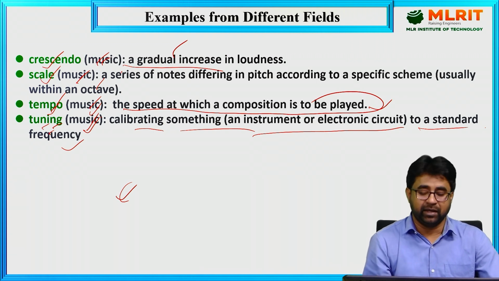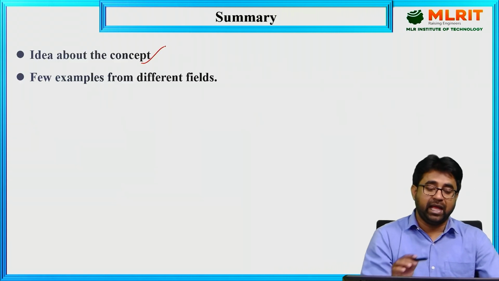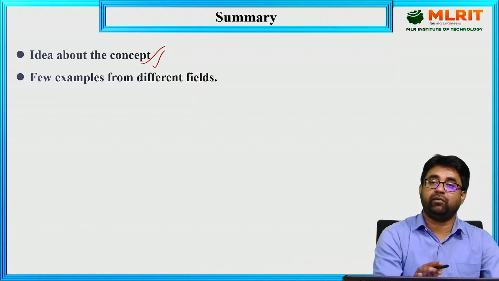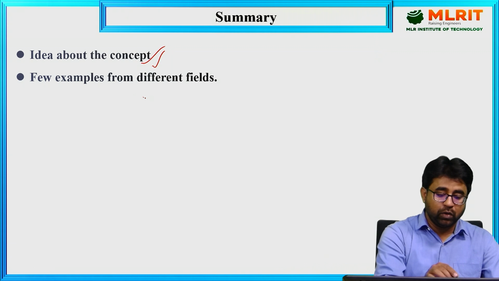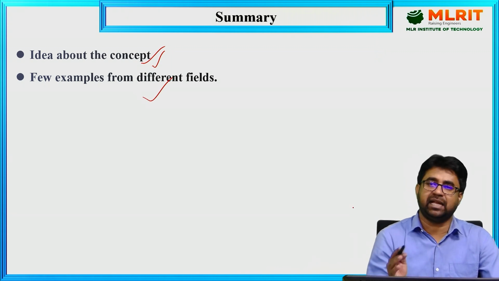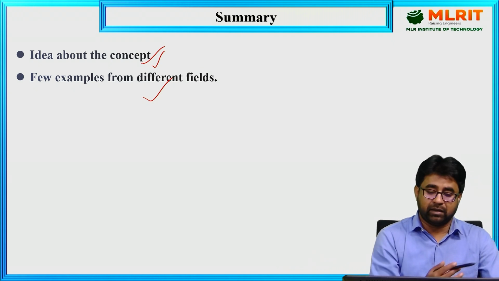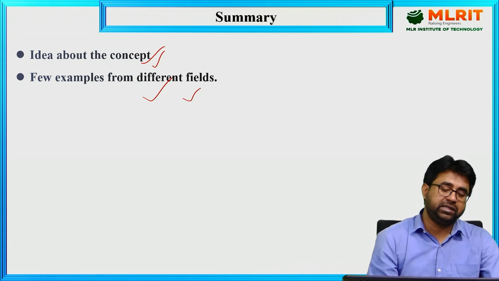Right? Now, what are the takeaway points of today's lecture? We got to know what technical vocabulary is. We got some idea about the concept of technical vocabulary, and then also we got to know a few examples from different fields like computer science, math, philosophy, chemistry, music.